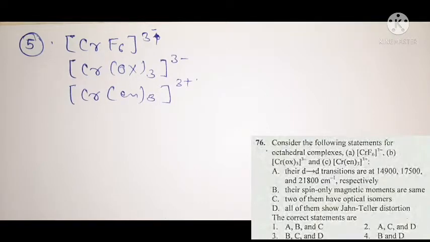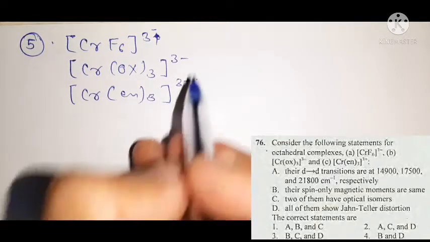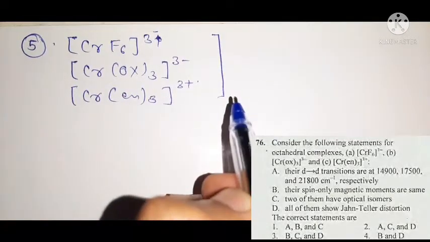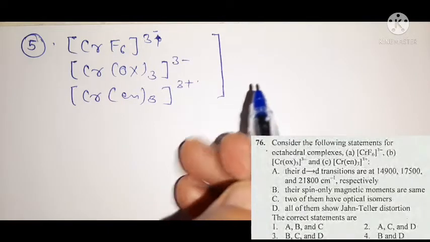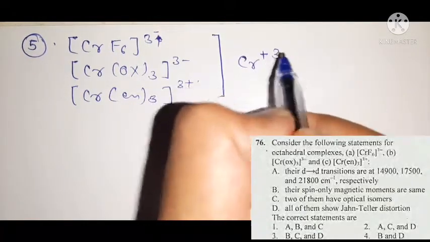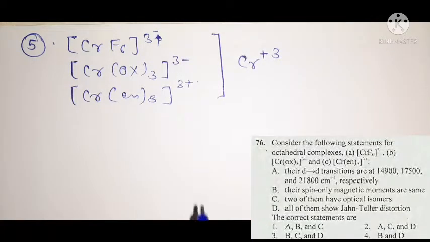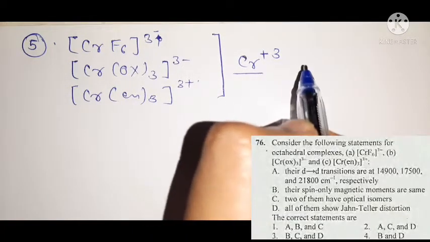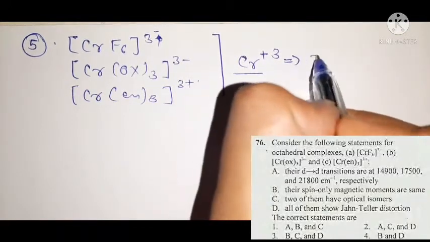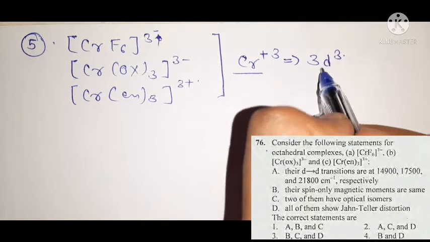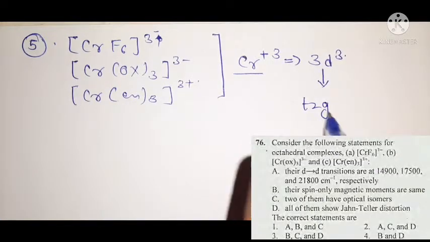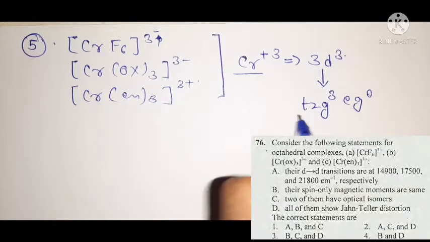Now first of all, the common thing you see in all these three complexes is that chromium is present in the +3 oxidation state, and for chromium +3 its electronic configuration is 3d3 4s0. That means it has 3 electrons in its d orbital: in the lower t2g orbitals it has 3 electrons, and in the higher eg orbitals it has 0 electrons.